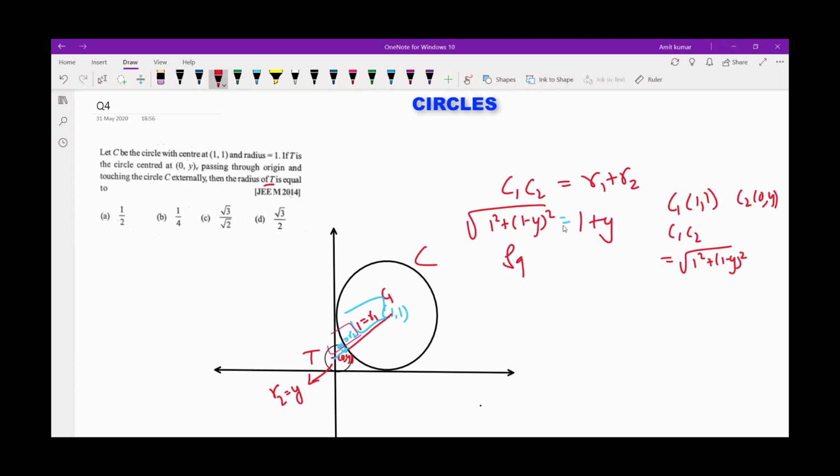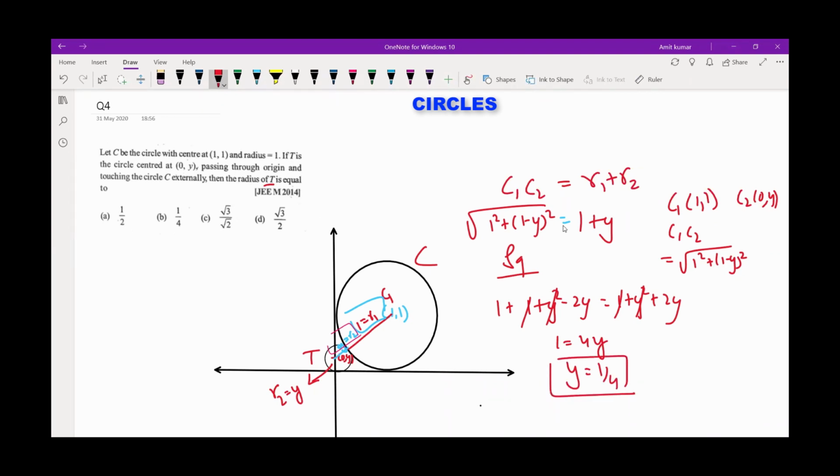After squaring, I get 1 plus 1 plus y square minus 2y equals 1 plus y square plus 2y. So from here, 1 is equal to 4y and y is equal to 1 by 4.